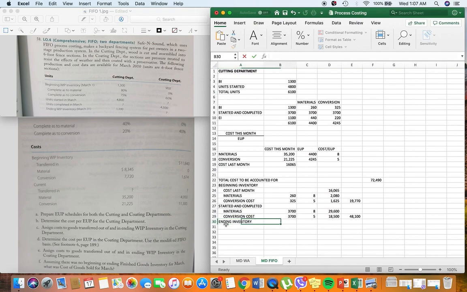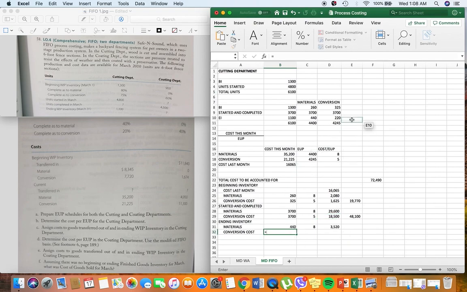Okay? So, just like the unit started and completed, walang cost last month sa ending inventory. Okay? So, we start with the materials. 440 is the EUP for materials multiplied by 8 and we'll get 3,520.